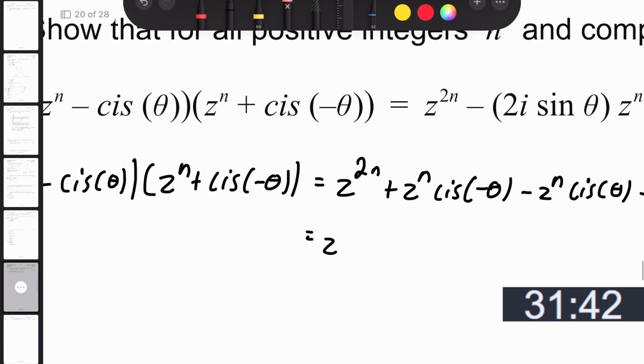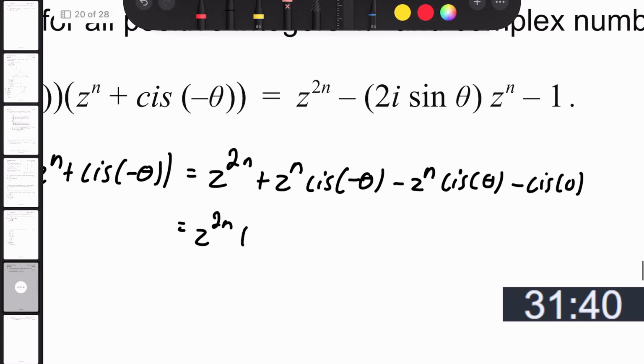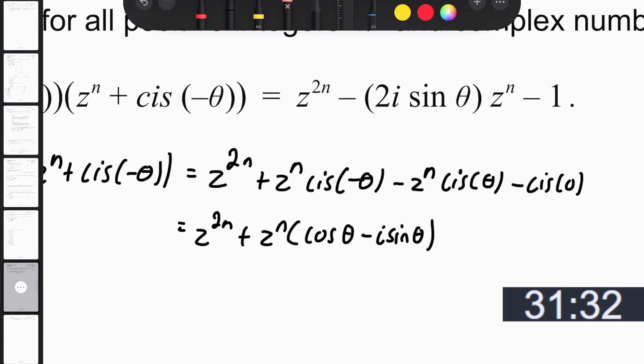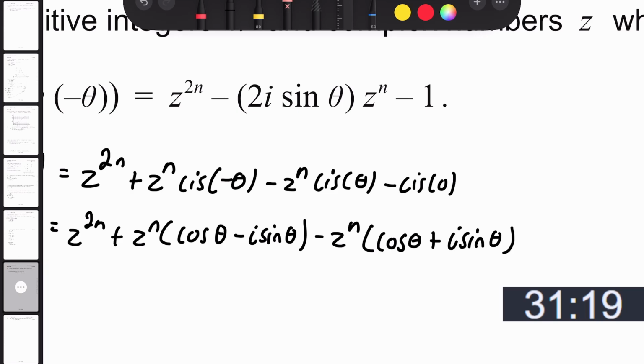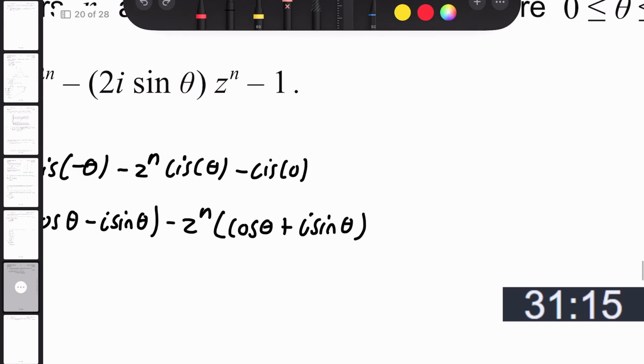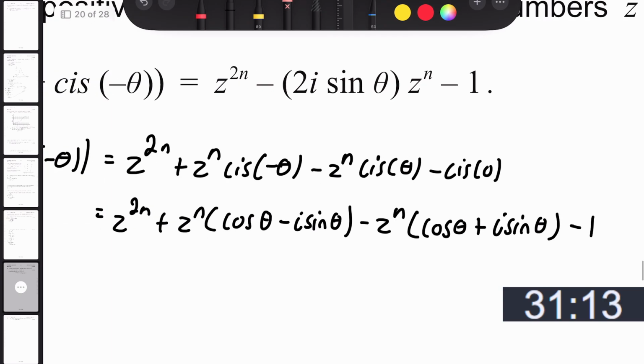What is it going to be? Z of 2n plus Zn of cosine of theta minus I sine of theta, minus Zn, this would be cosine of theta plus I sine of theta, because sine of negative theta is negative, but cosine of negative theta is cosine theta, and it'd be minus 1.